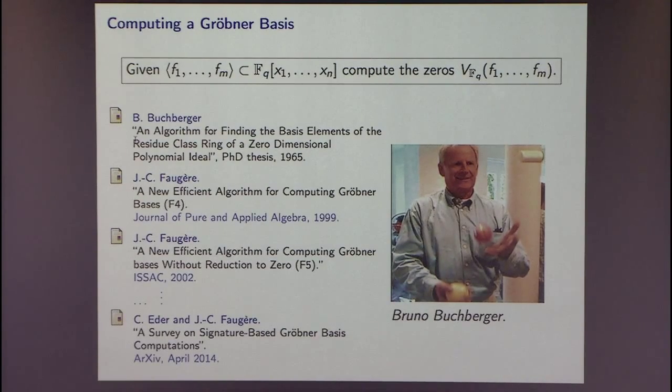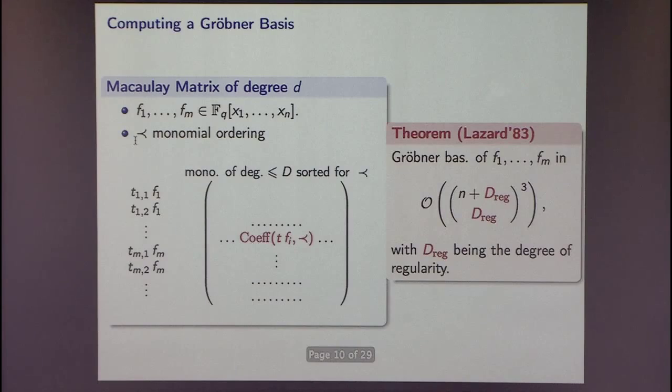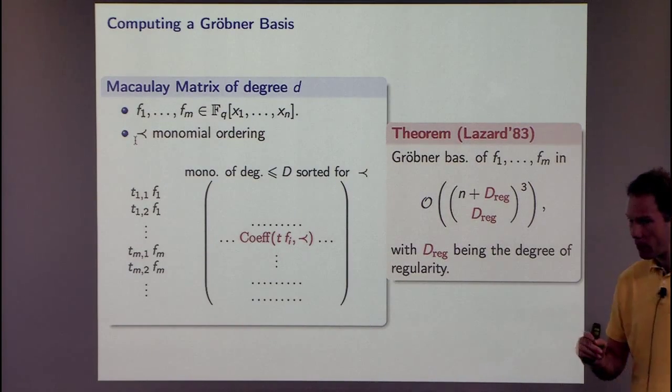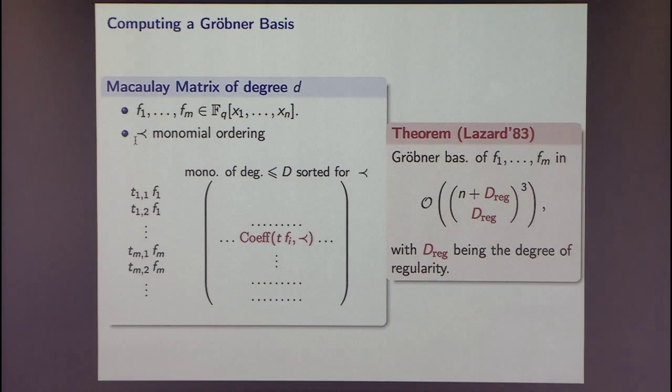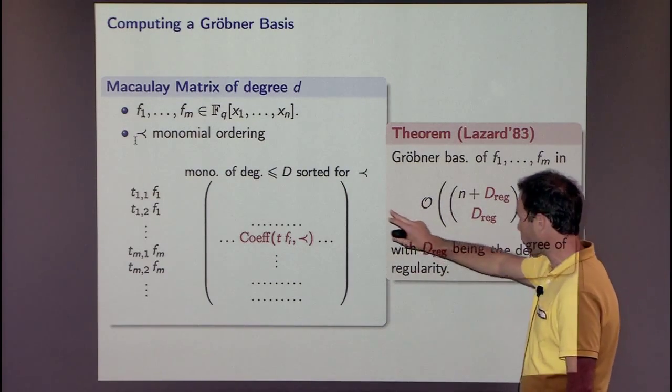It starts with Bruno Buchberger. And now the modern view of computing Gröbner bases is to do linear algebra. This view is important to compute it efficiently, but also to give some bound on the complexity. The important object to consider when you compute a Gröbner basis with linear algebra is the Macaulay matrix.